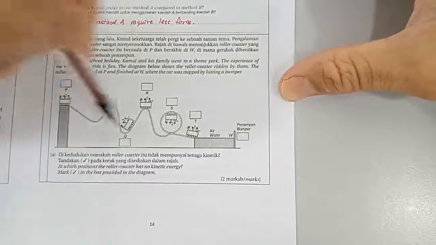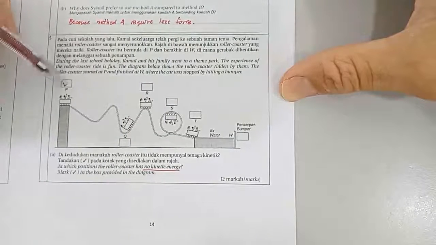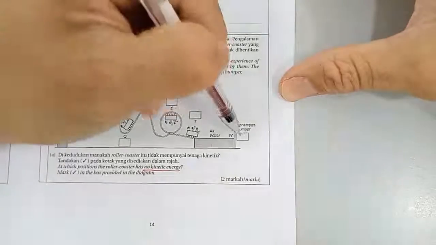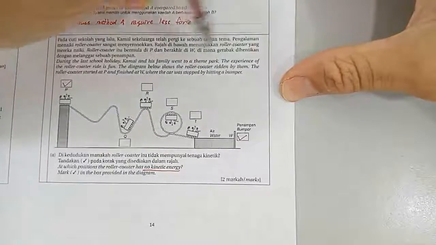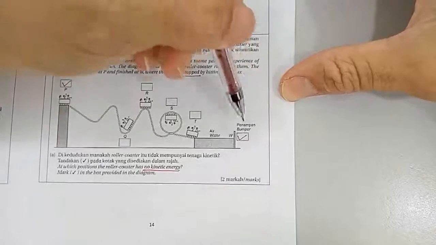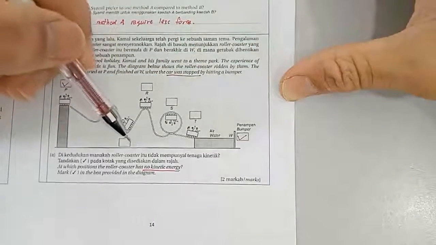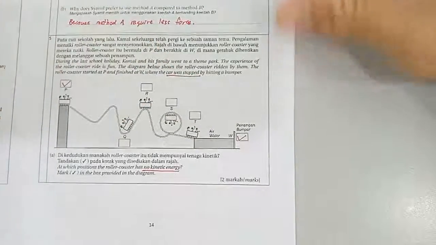So when it has no kinetic energy, is here. This is where it has no kinetic energy, and also here, because here is where the car was stopped. At the bumper here, it is not moving, stopped already, so that means no kinetic energy.